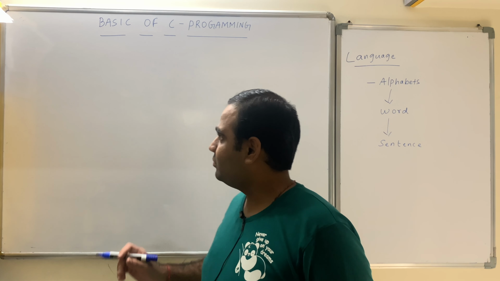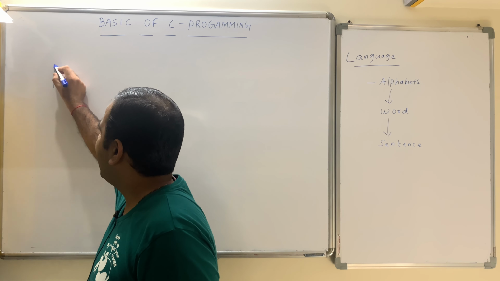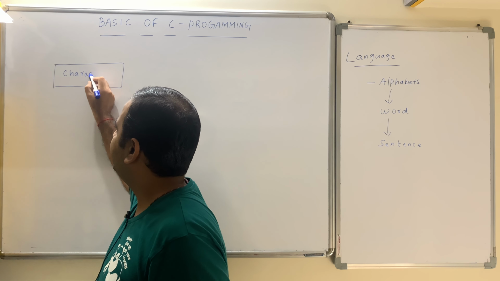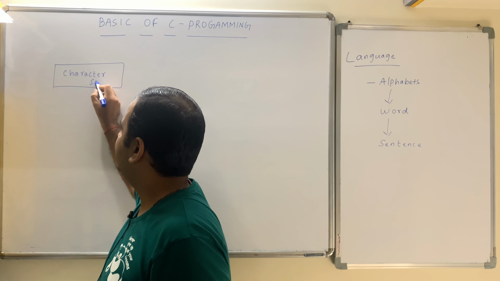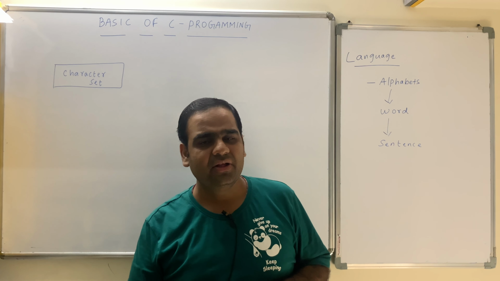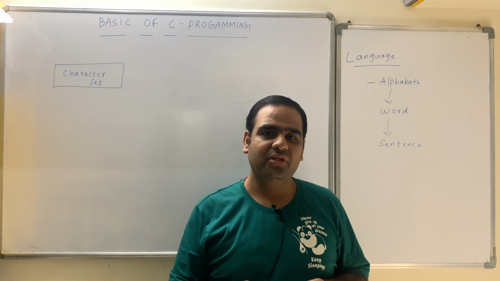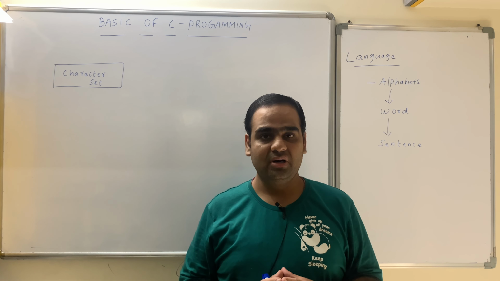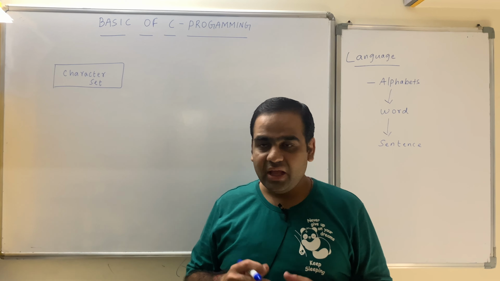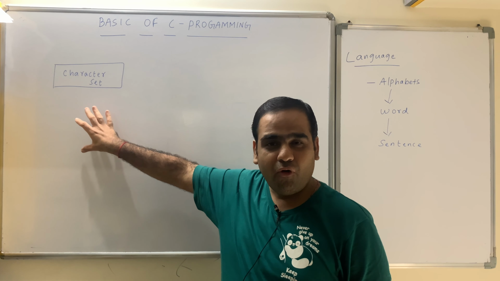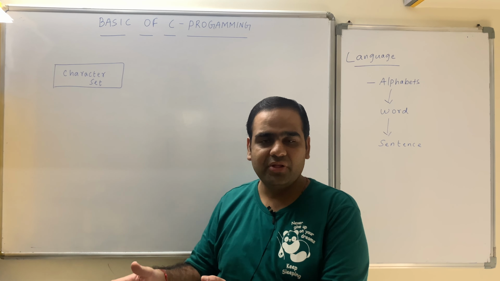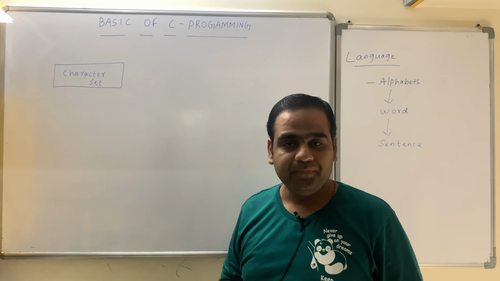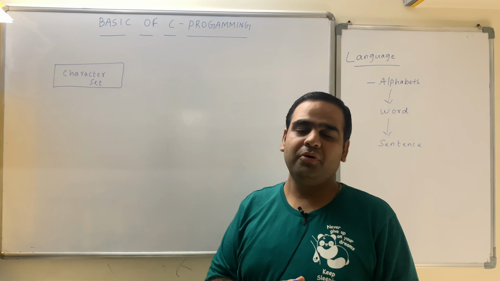Now, the basic thing that we have in any C programming language is a character set. Now what is this character set? This character set is the same as the alphabets in any given natural language. What forms the character set, we will see later in this video. After the character set, these characters are grouped together.